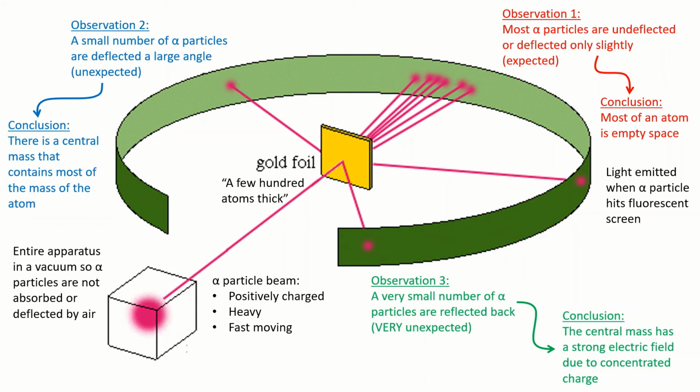And that's either a very strong repulsion from a positive charge or a very strong attraction to a negative charge. Either of those could have that effect. Either way, you must have a very concentrated charged region inside that atom that is causing that alpha particle to be deflected back the way it came.